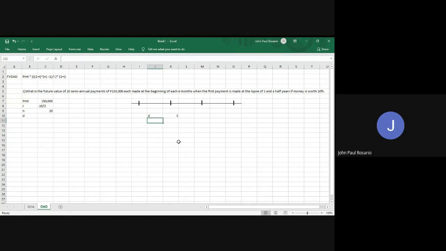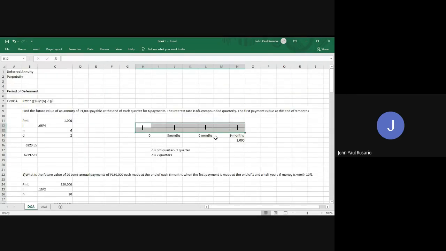Kaya di ba, for ordinary annuity, we have to deduct 1 because ang payment magud niya is, if you can remember, for example, pila quarters ang nilabay, that's quarter 1, quarter 2, and quarter 3. Nag-pay siya at the end of quarter 3, so ang period of deferment is only 2 periods, mao nga minus 1 dito.